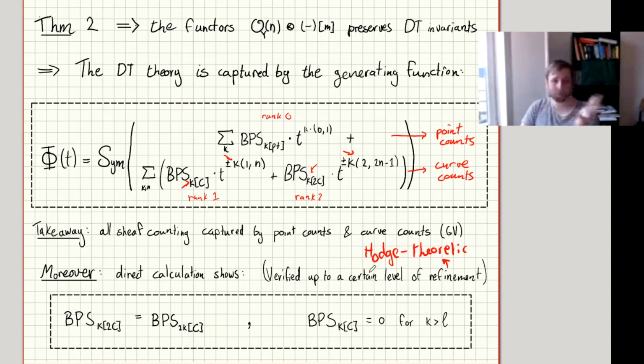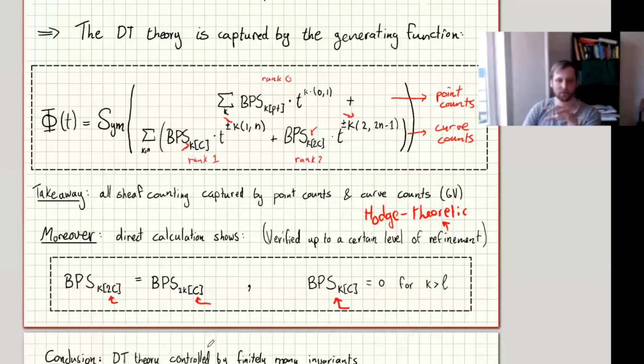But the thing you find is that actually most of these invariants vanish. And the invariants of this fiber are also just the invariants of the curve itself. So actually, once you start calculating everything, there's only 3 invariants left.